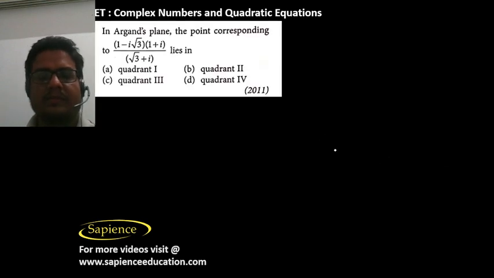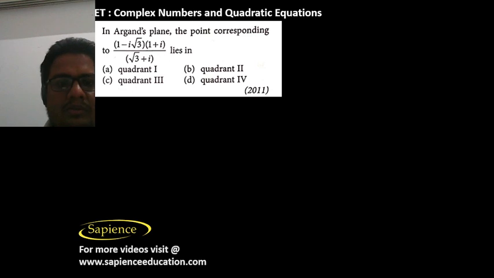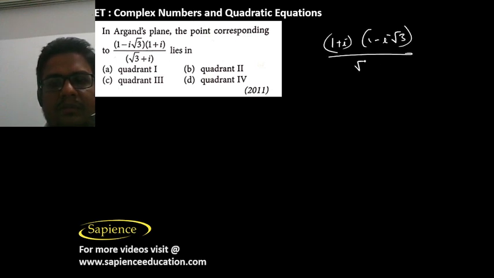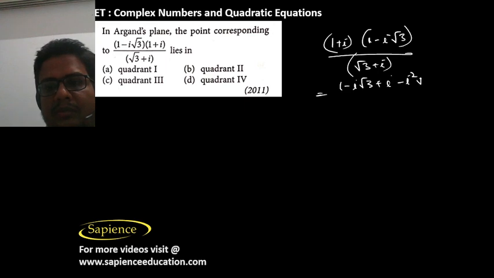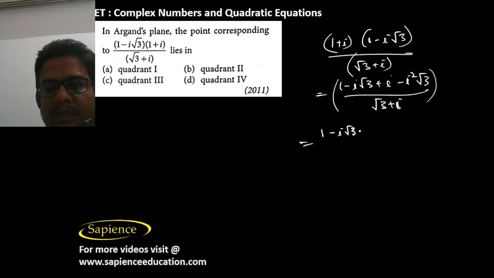Then in the Argand plane, the point corresponding to this lies in which quadrant? We have to find it. So this is (1 plus i) into (1 minus i root 3) divided by (root 3 plus i). So this we can write as 1 minus i root 3 plus i minus i square root 3 divided by root 3 plus i.